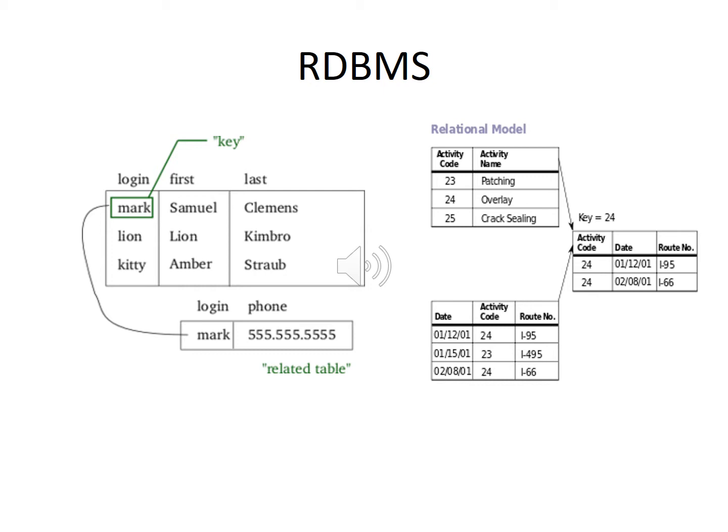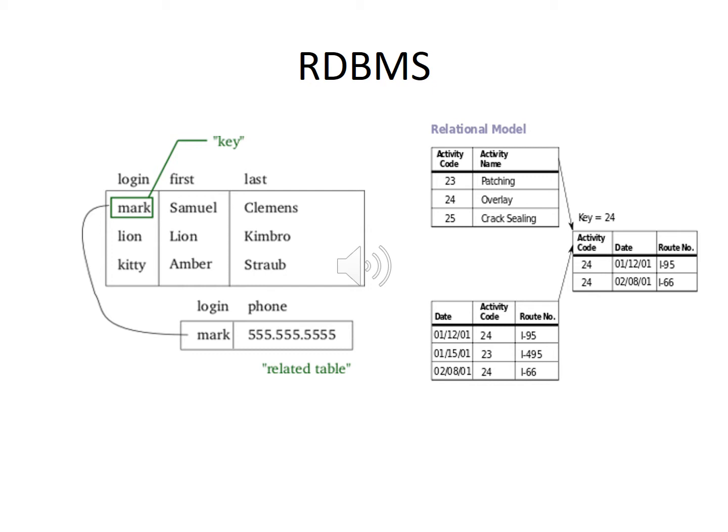But in any case, the phones are stored separately, and to tie that phone to Samuel Clemens, we would use Mark primary key from the first table and indicate that as a foreign key in the second table. So if we would want to pull a list of all first and last names and their phone numbers, we would use these two tables, and that's how we would link these two records.